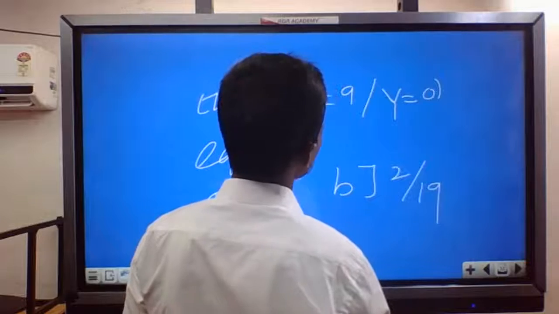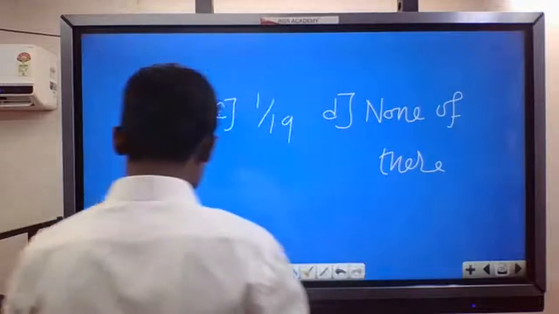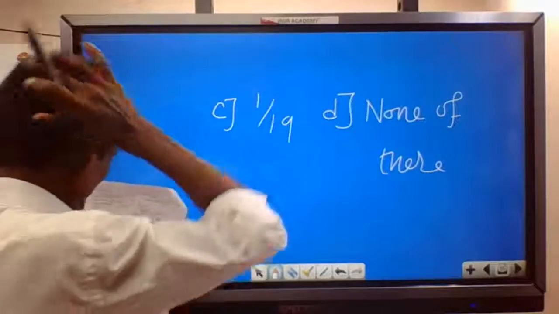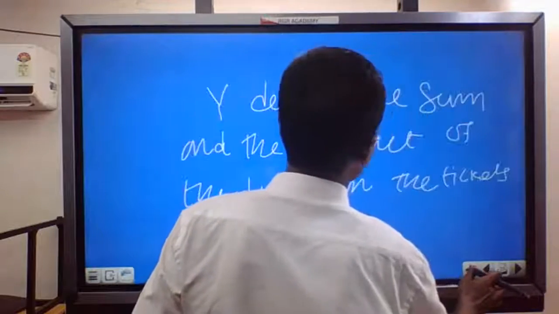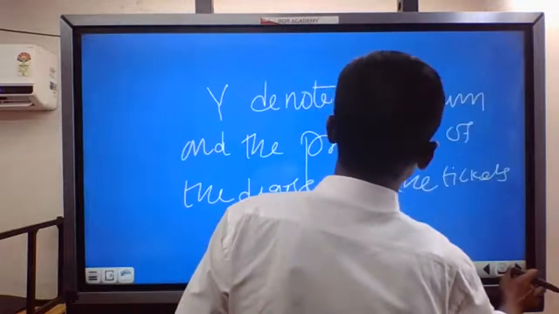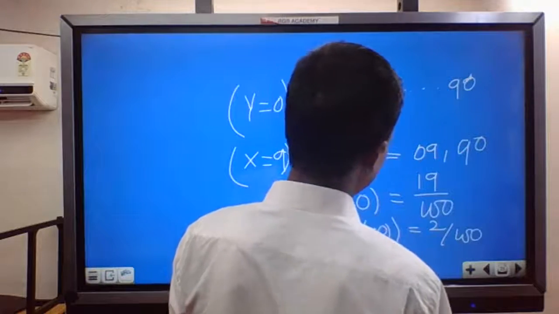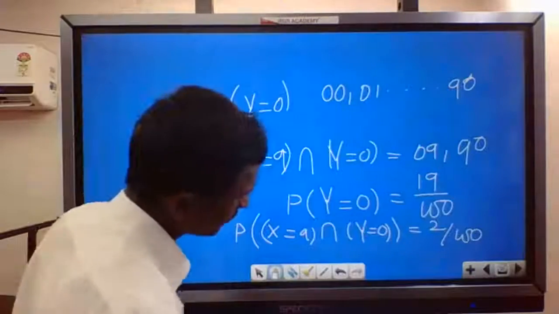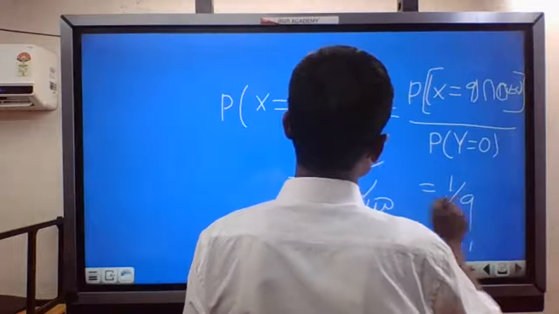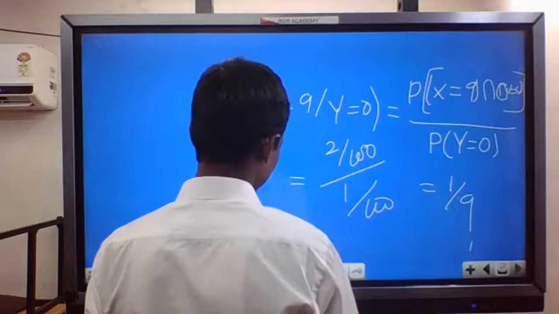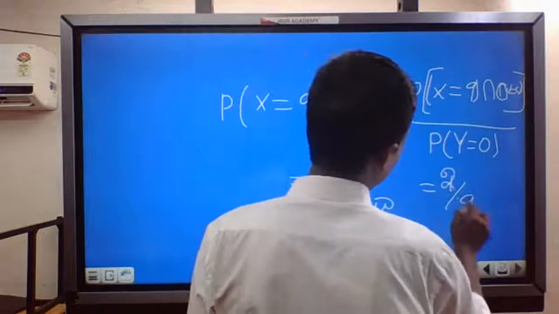So 19 divided by 100 and 2 divided by 100, then we get 2 divided by 19.